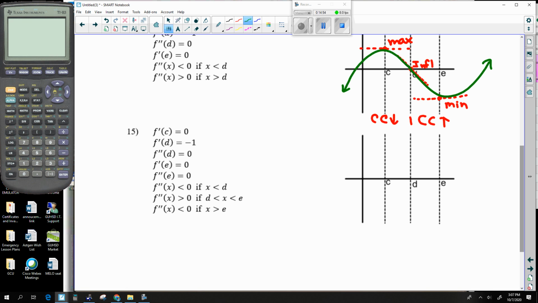All right, so now we're getting a little bit more complicated. Again, take a look at inflection. So D is at least one of the cutoffs, and to the left of it, it's negative, concave down.